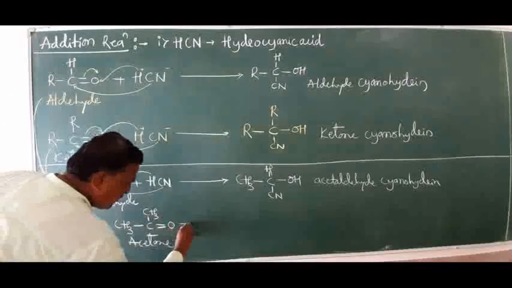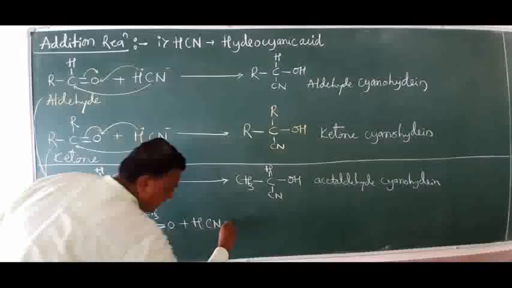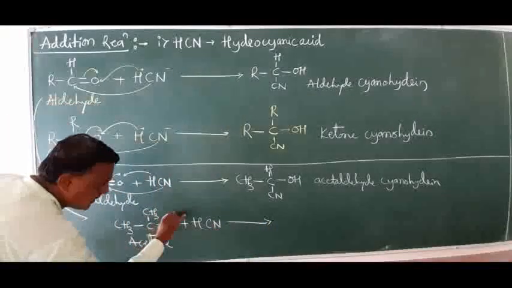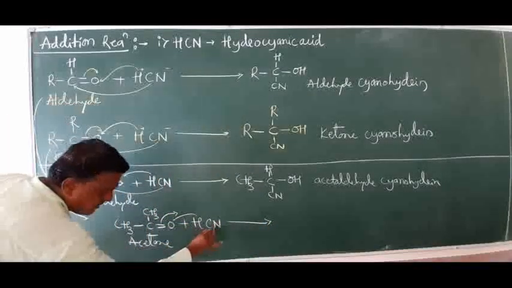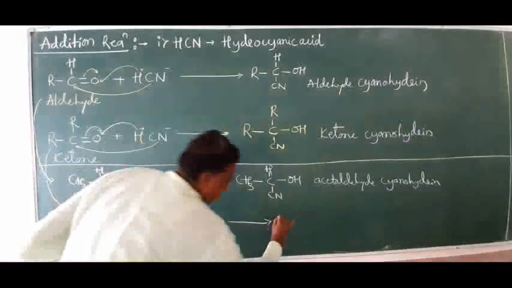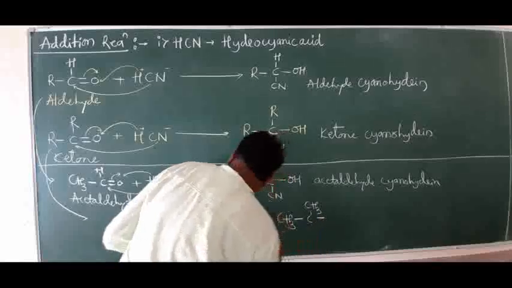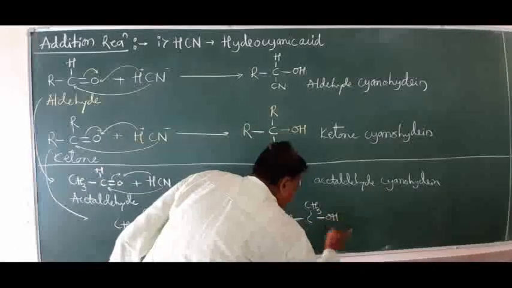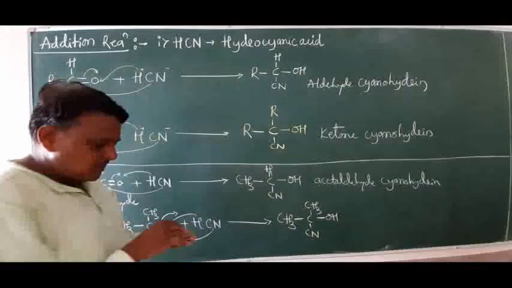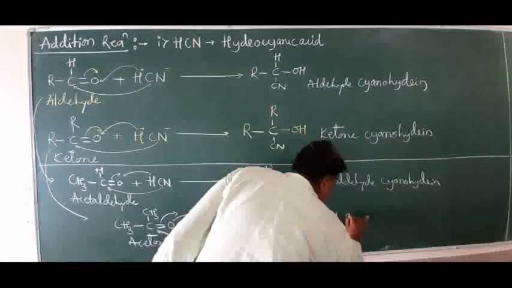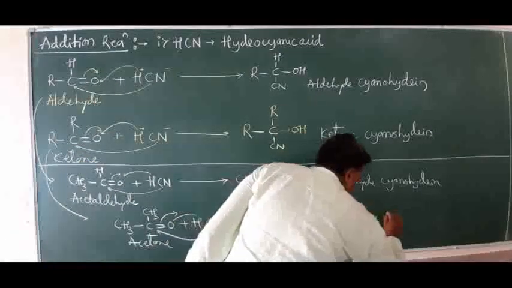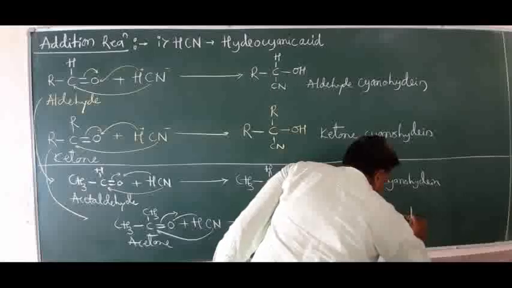When this acetone reacts with hydrocyanic acid, the pi bond is cleaved, and now this is CH3, C, CH3, this becomes OH, and the final answer is acetone cyanohydrin.